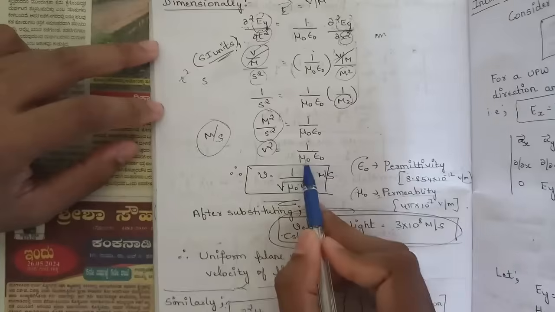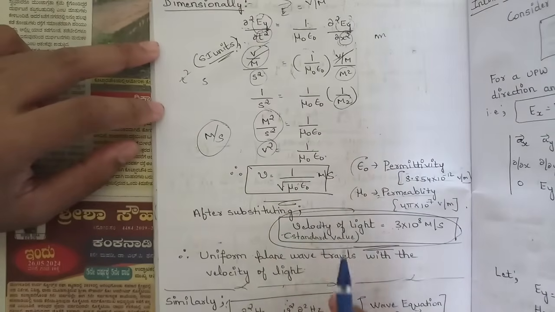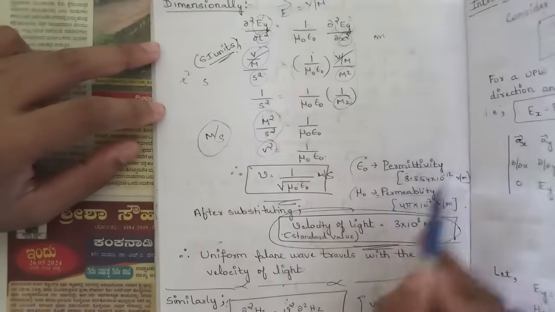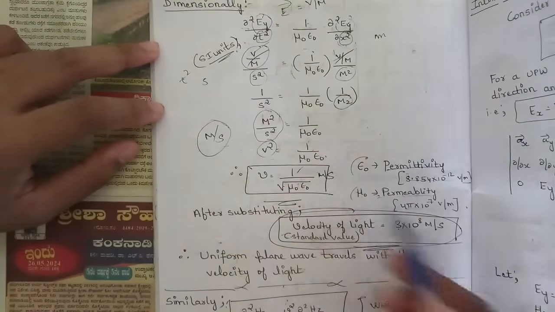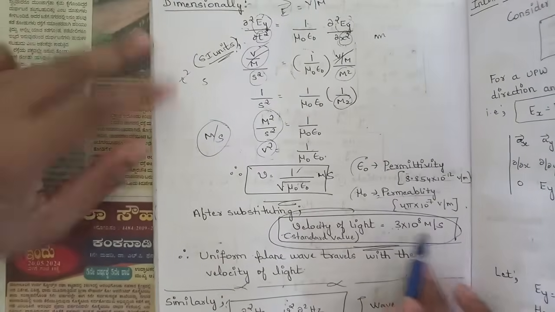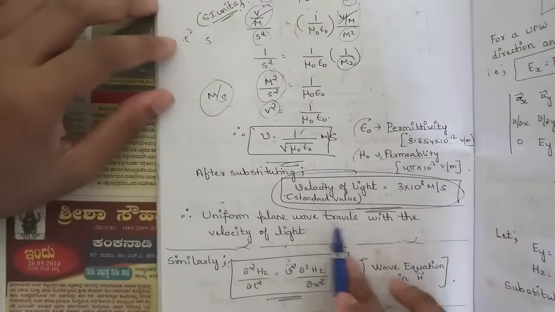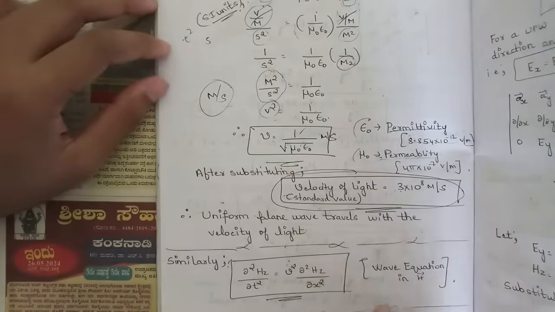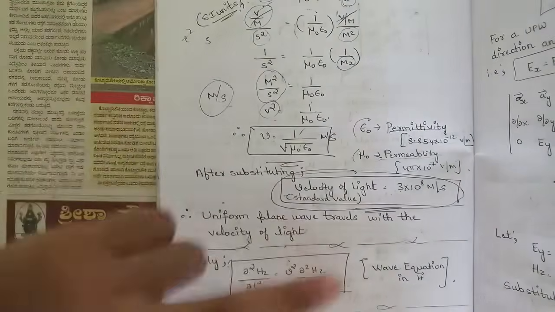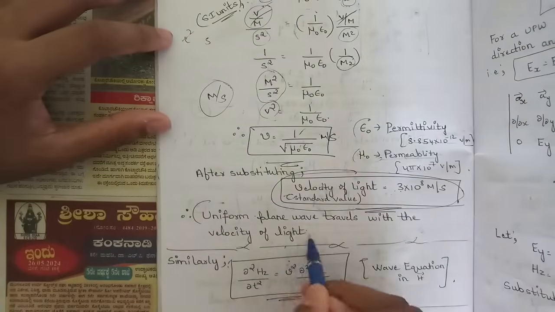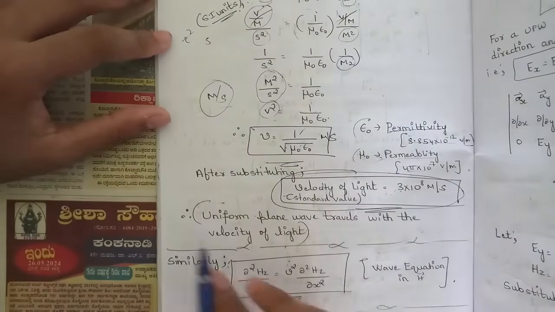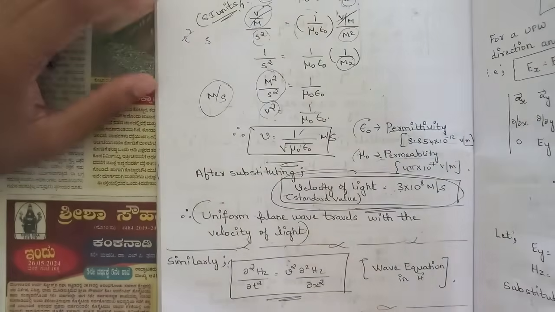You can check it by substituting the values of μ₀ and ε₀ in this equation. Therefore we can say that a uniform plane wave travels with the velocity of light. I did this dimensional derivation in order to conclude this statement.